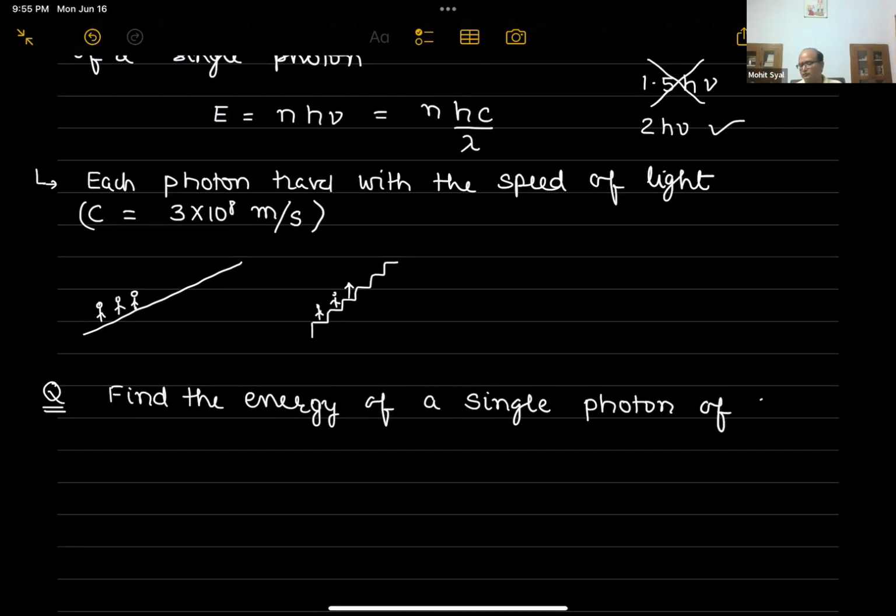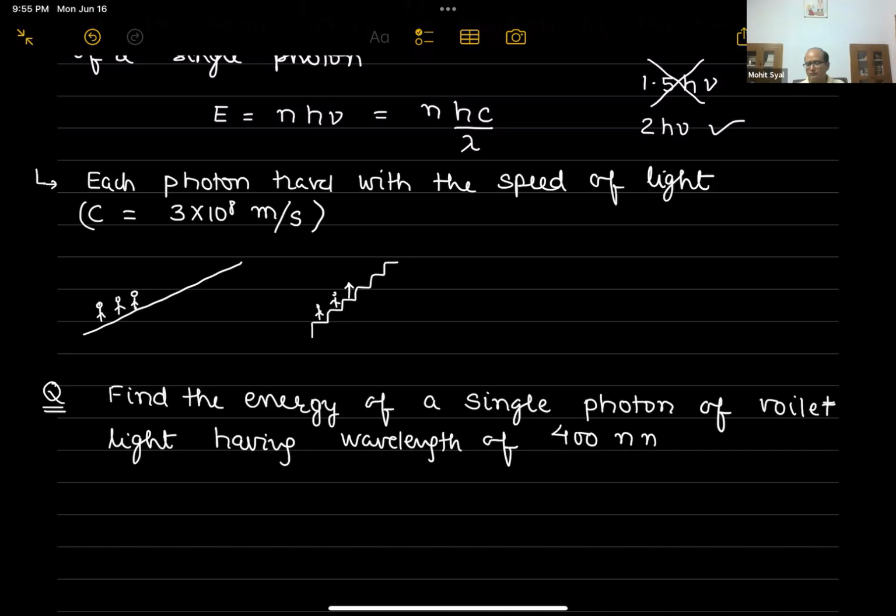of violet light having wavelength of 400 nanometers.